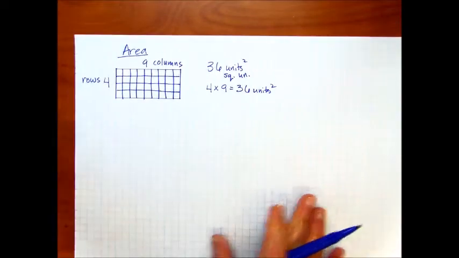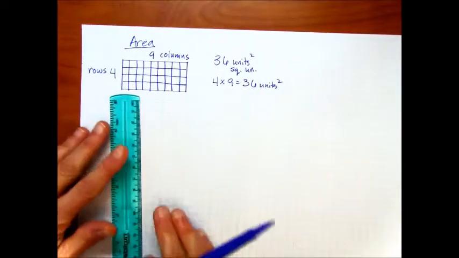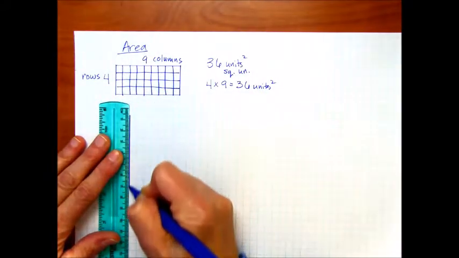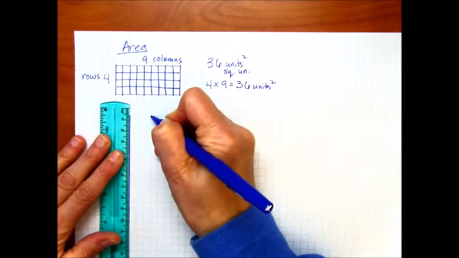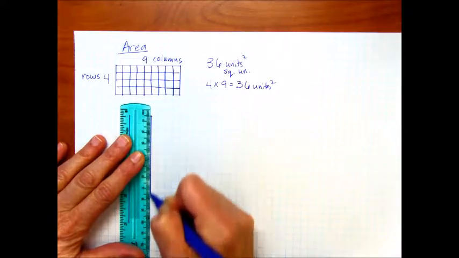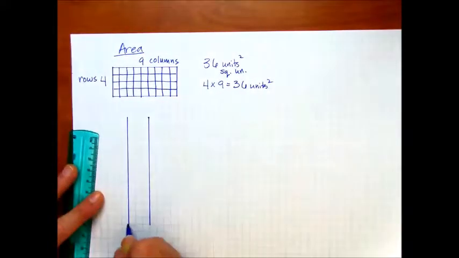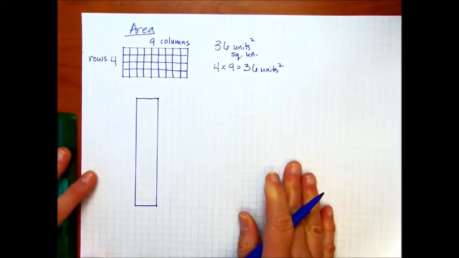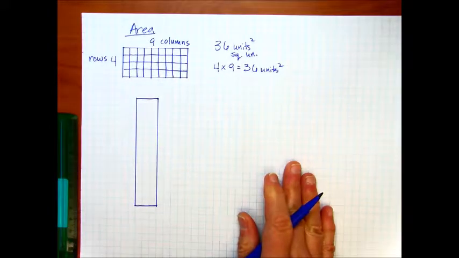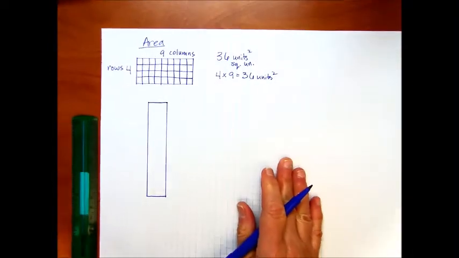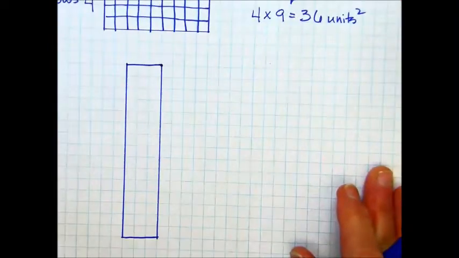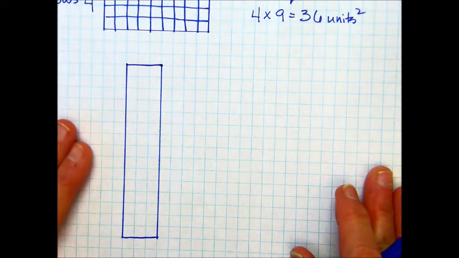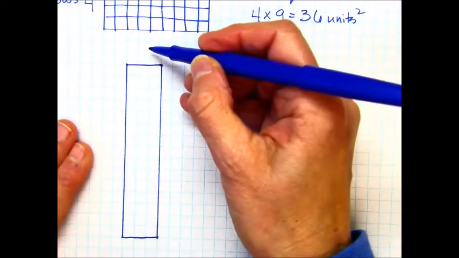Let's go ahead and do another one. I'm going to draw a rectangle. And I want to see if you can figure it out. Let me zoom in for you. Oops, the other way. So figure out how many rows you have, or I have, and how many columns.